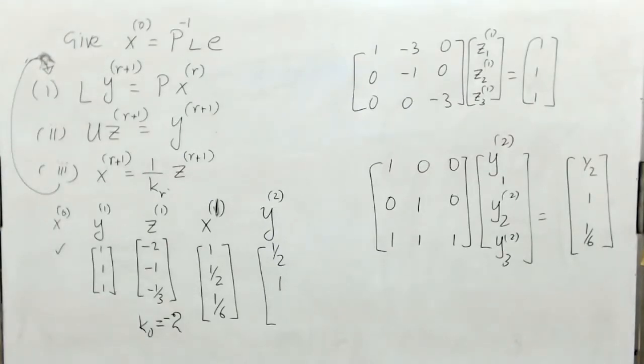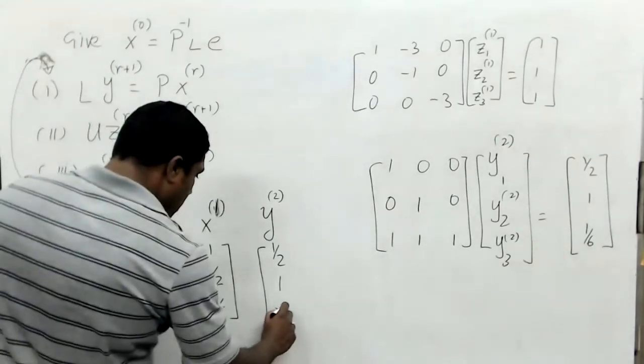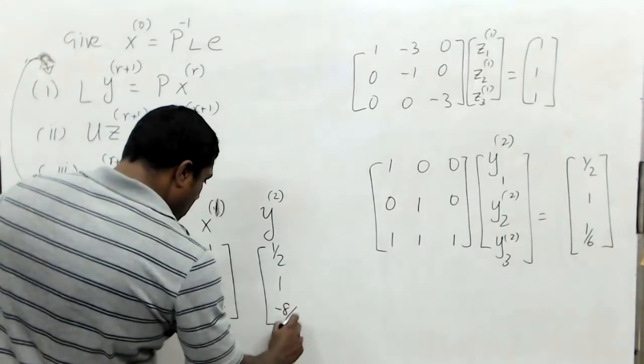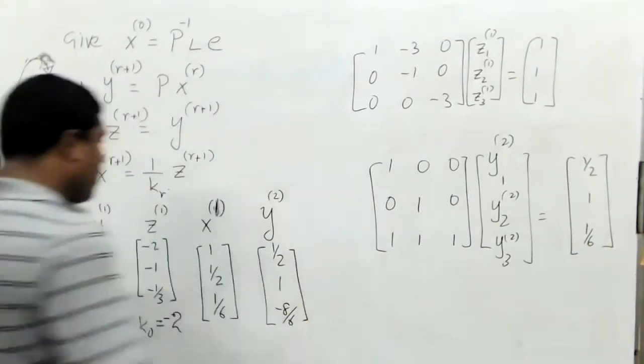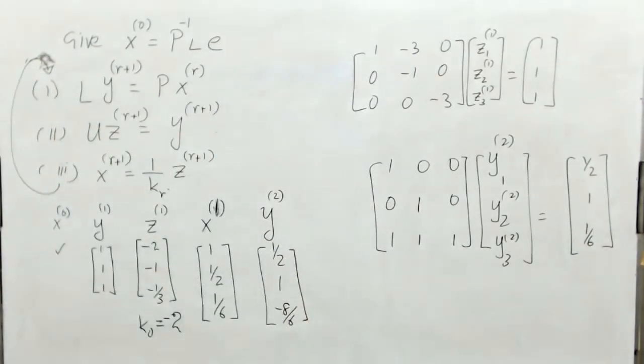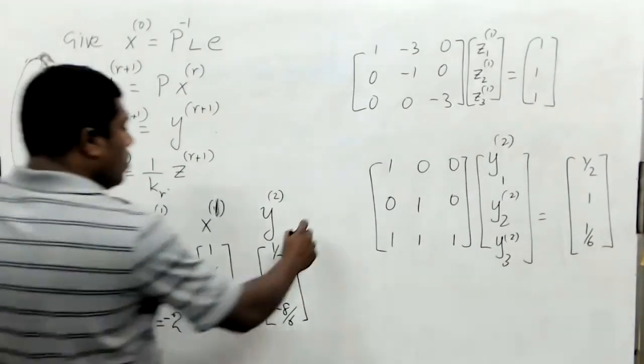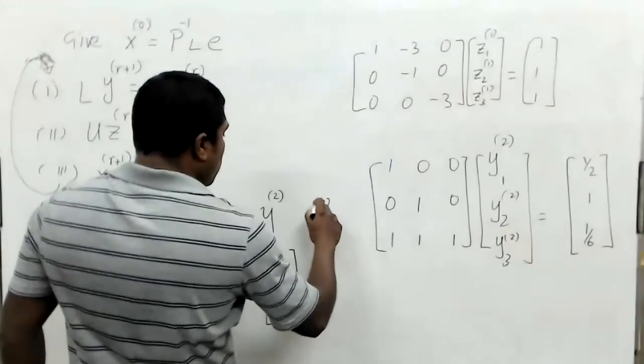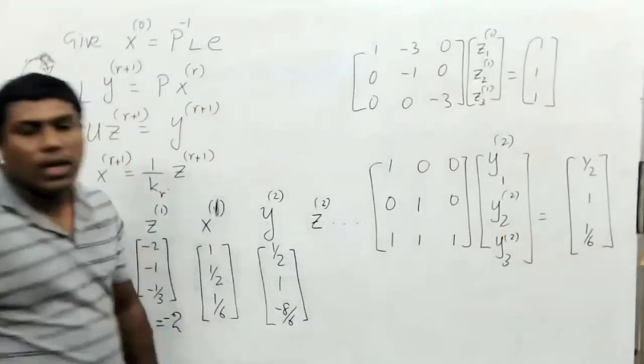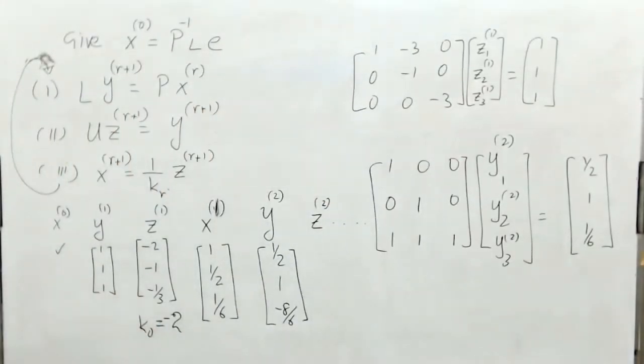So minus 9/6 plus 1/6. So it should be minus 8/6. Okay, so this is your Y2. And then you can continue. You get Z2. And then you keep on continuing like this.